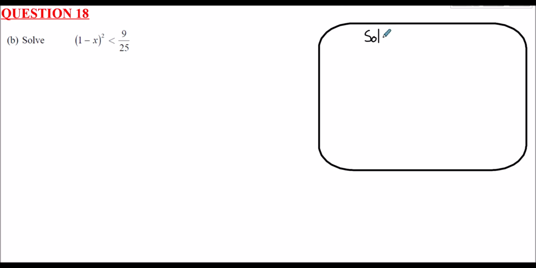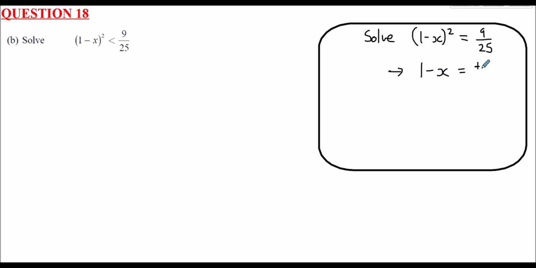So let's first of all solve 1 minus x squared equal to 9/25. So obviously, in this scenario, what we could do is square root 1 minus x. However, what you should know by now is when you square root something, you need to consider both positive and negative square roots.